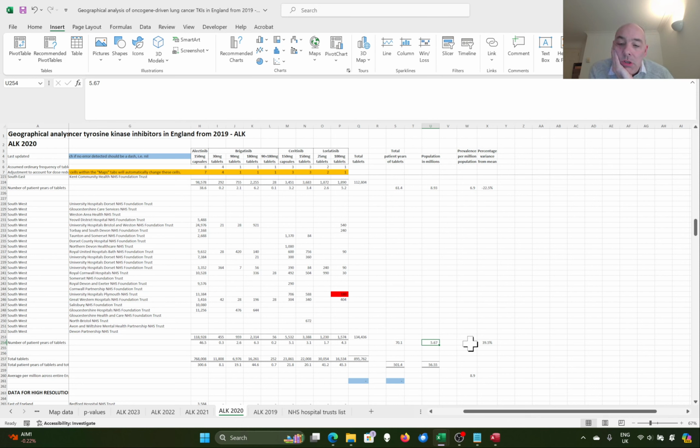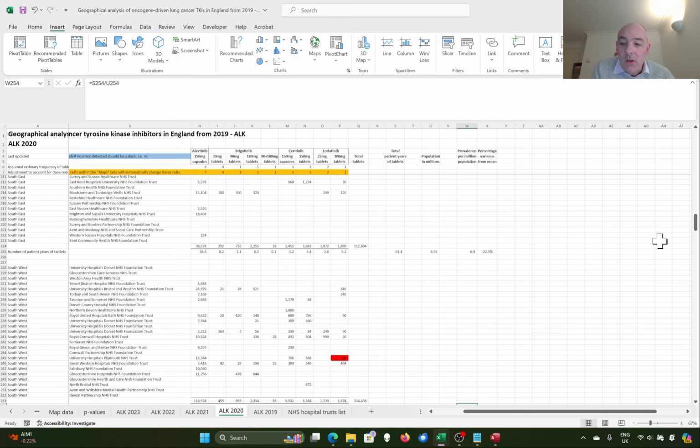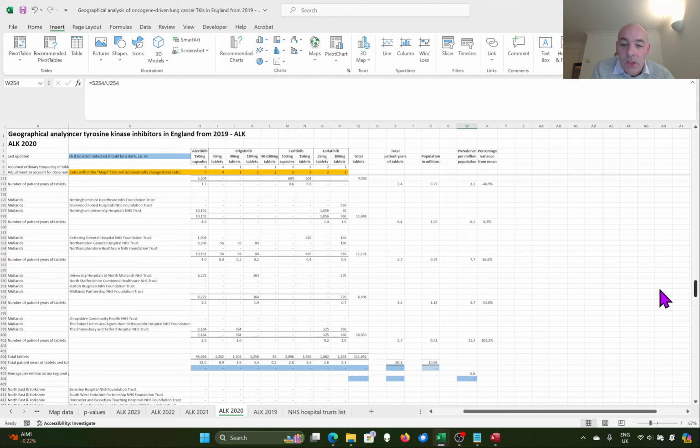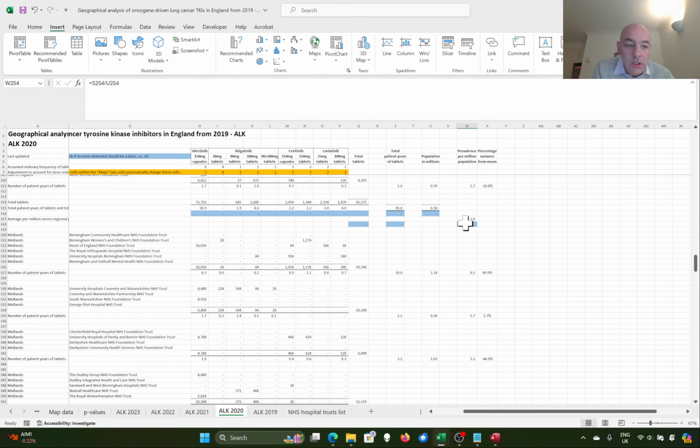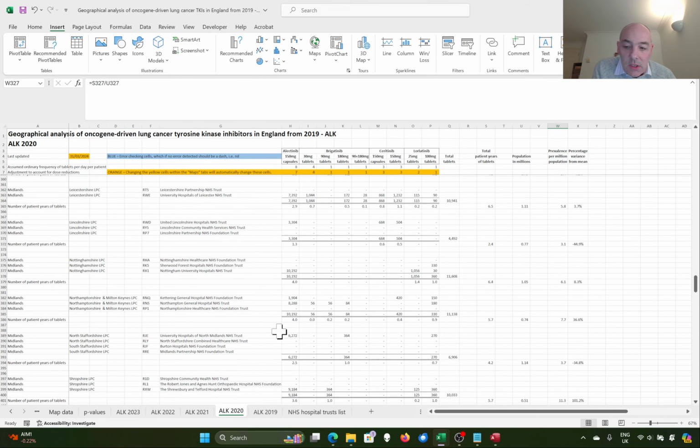number of patients divided by the population gives me a prevalence per million. So in other words, there's on average 12.4 ALK patients per million in the southwest of England, and I've done that for all the different regions, and then I've done it all for those sub-regions as well there, so you can see the different regions of the Midlands here, for instance, and such.